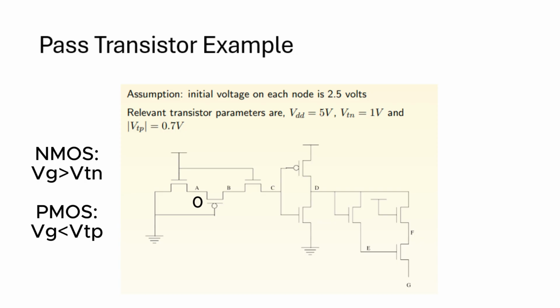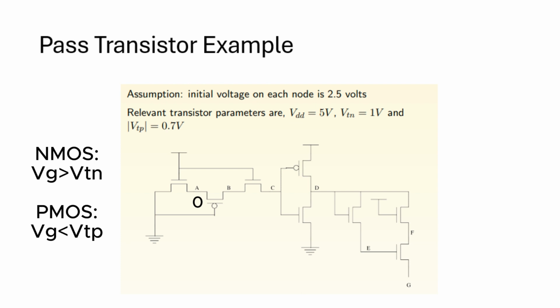Next, we turn our attention to node B. Node B is connected to the output of a PMOS transistor, and in order to turn the PMOS transistor on, the gate voltage should be less than or equal to VTP. In this case, the gate voltage is 0, which is less than VTP, so the transistor will turn on and 0 will be passed through PMOS.